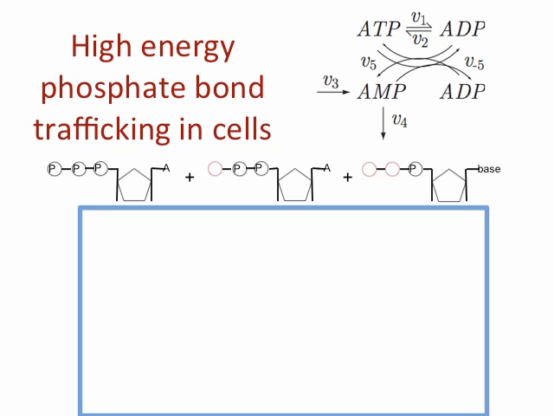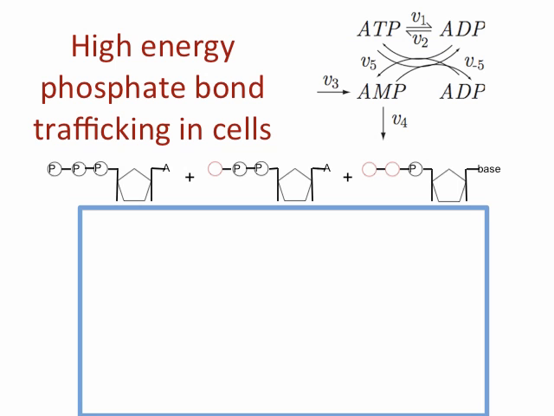Now, if we look at this reaction schema, we see that ATP is used through a reaction V1 to generate ADP. V2 is the reverse process, so that's a process of making ATP.